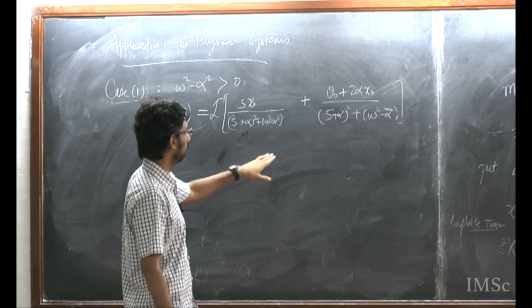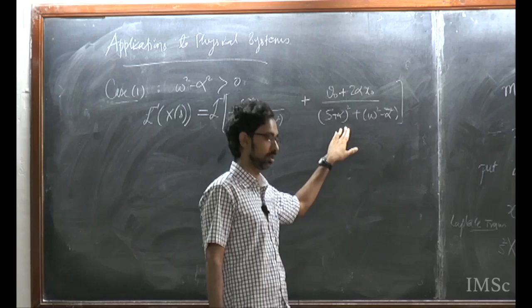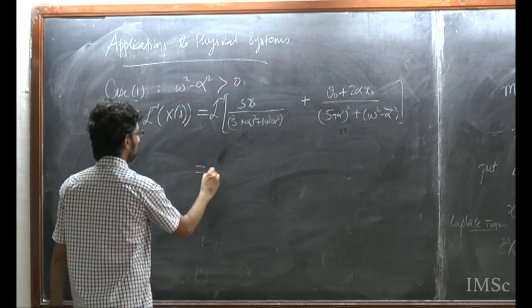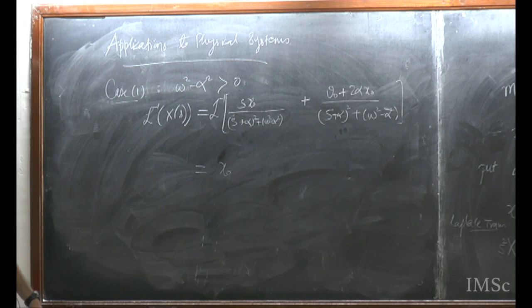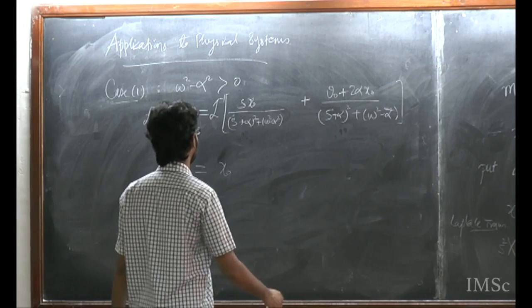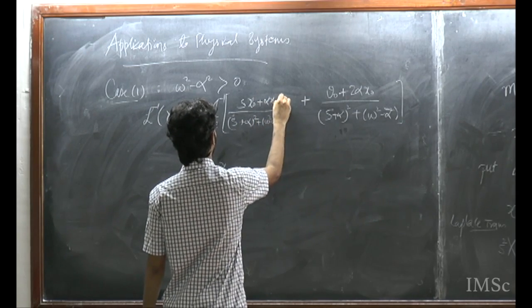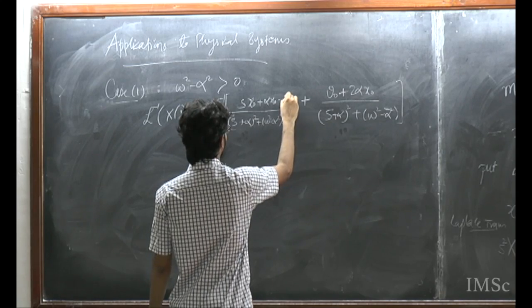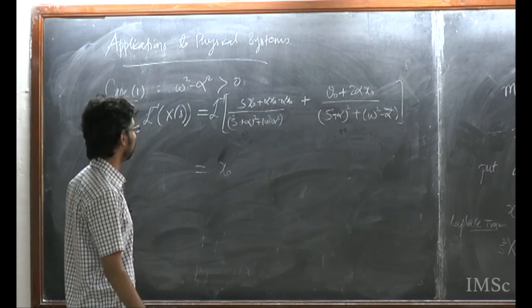And this one is translation e to the minus alpha times sine. Sorry? S plus? Yeah, you are absolutely correct. So in fact, you will have two terms.